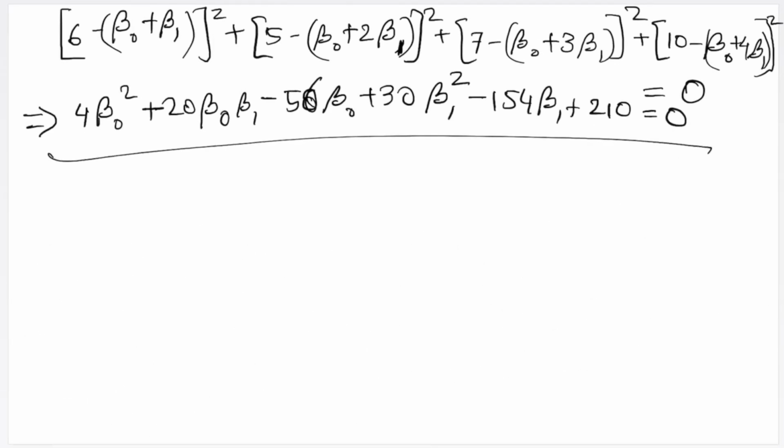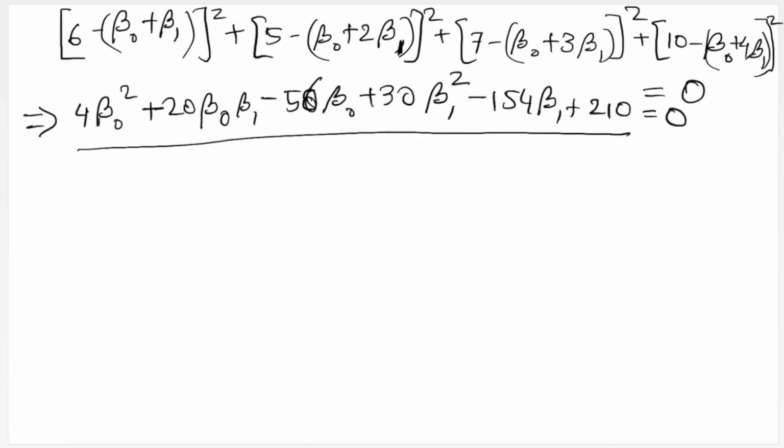This is the equation that consolidates all the equations generated from each row of the dataset. Notice that this equation has only two unknowns, beta naught and beta 1. This equation is a quadratic equation because we have a highest degree of 2.